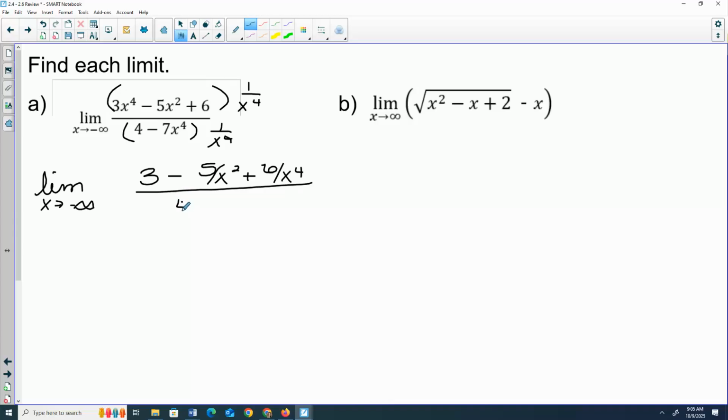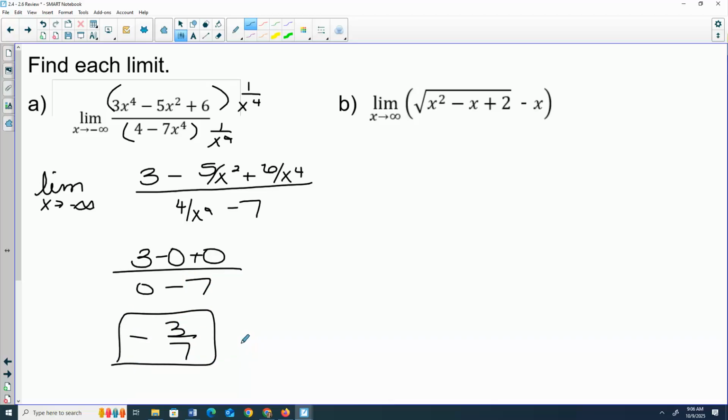On the bottom, we get 4 over x to the 4th minus 7. We know whether it's going to positive or negative infinity, a number divided by infinity always turns into 0. So we get negative 3/6.